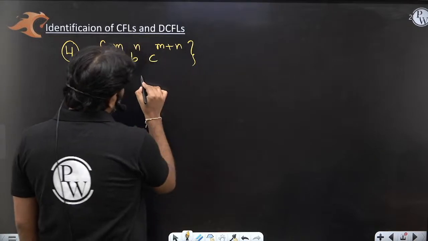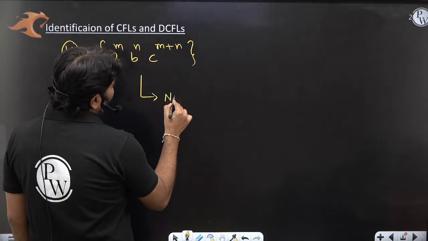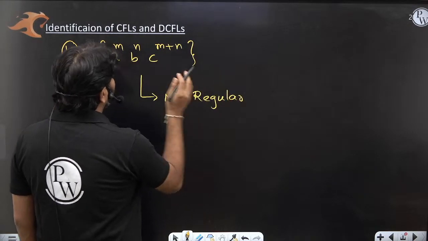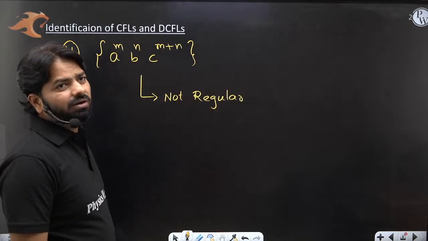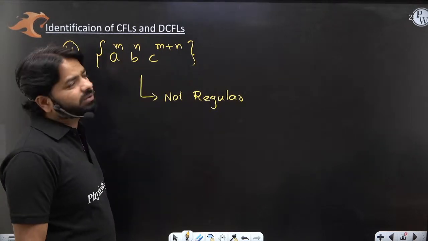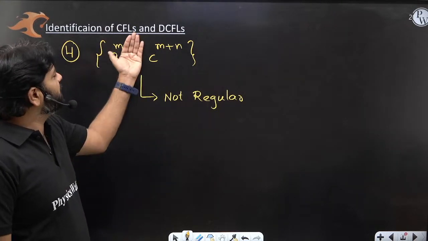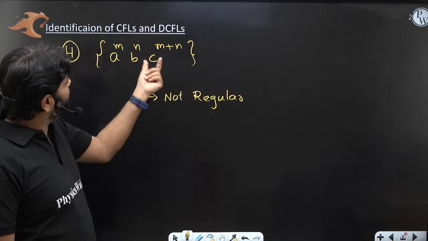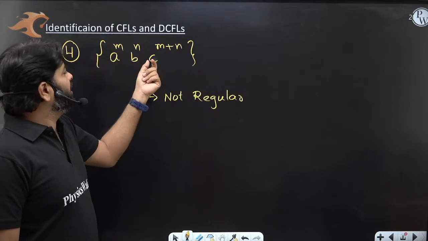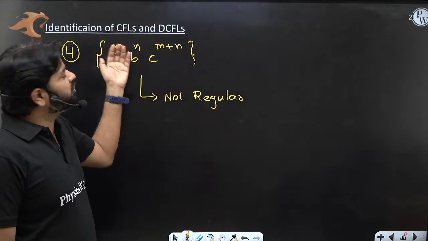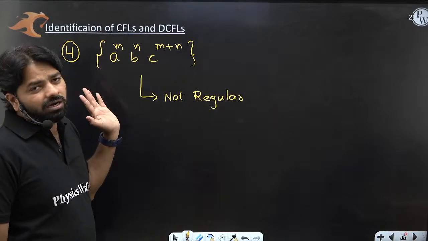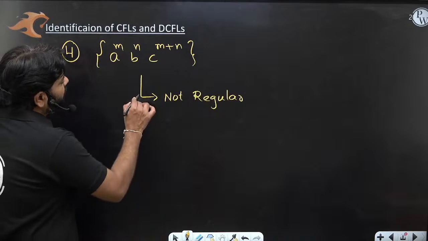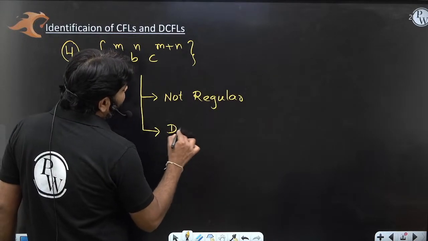This language is not regular, because you have dependencies between the symbols that go on to infinity. Now, using a stack you can handle it. The a's you push, the b's you also push, then for the c's you pop the b's first, and when the b's are over, pop the a's. At the end of the input, nothing should be left on the stack except Z0. That means the string is in this form. So now you are able to handle this problem deterministically. That's why it is DCFL.